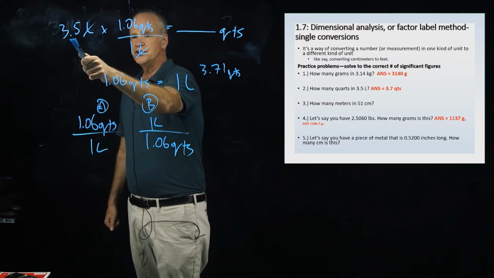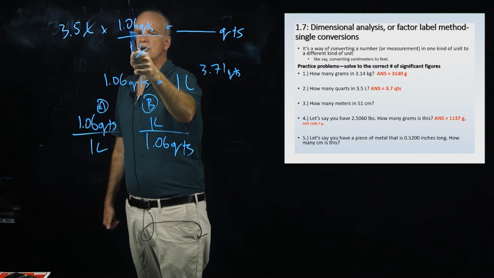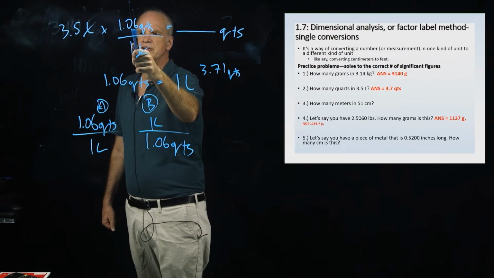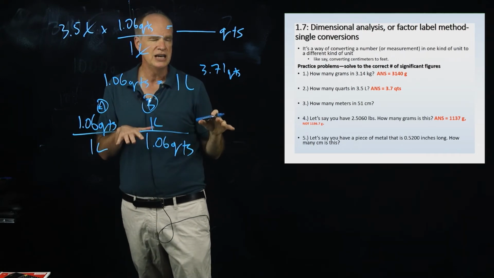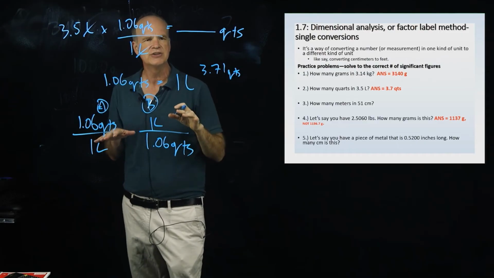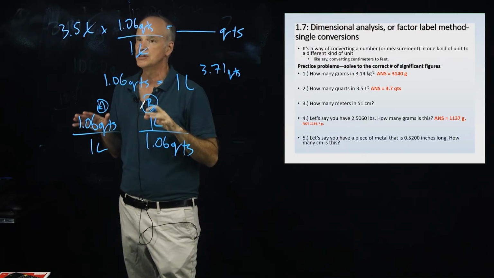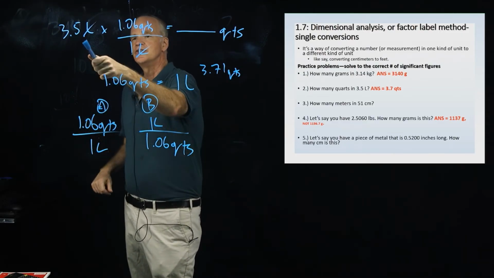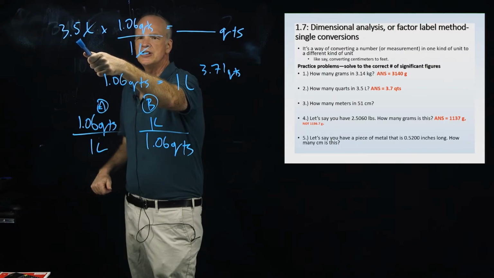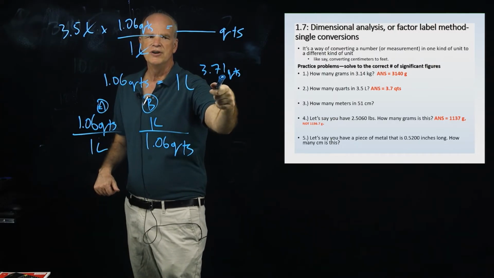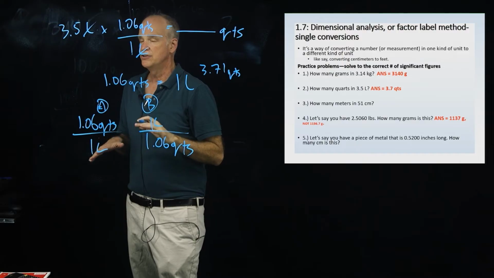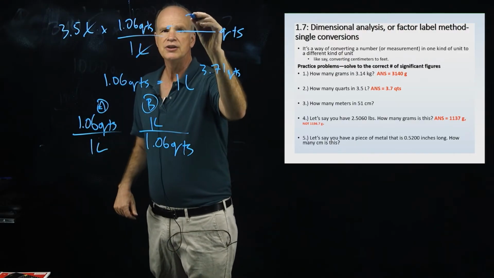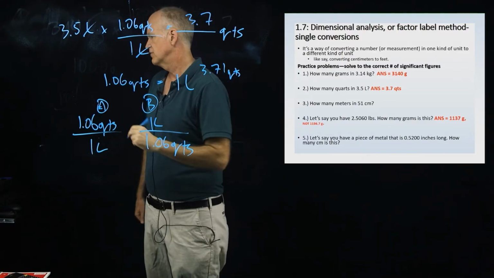So we have 2 significant figures multiplied by a number with 3 significant figures, and with multiplication, the answer will have as many significant figures as the number with the least number of significant figures. So our answer, 3.71, must be rounded to 2 significant figures, and so the answer will be 3.7 quarts.